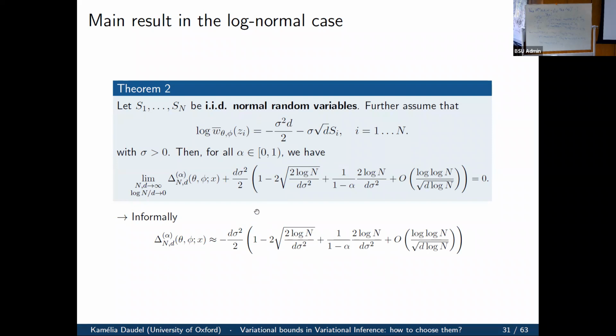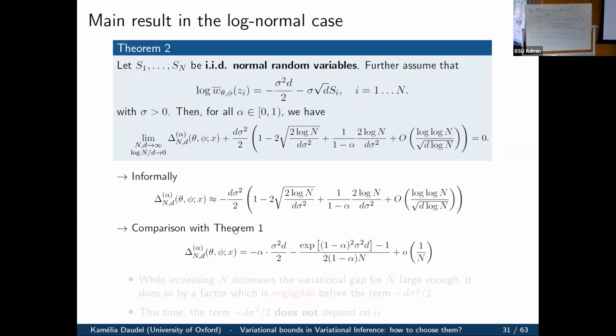And if we try to now put this into perspective with theorem 1, here are the two results next to one another. Basically, what you should take away from this is that while increasing n does play a role, it's quite negligible in this analysis in front of this leading term, which is what I was telling you already.